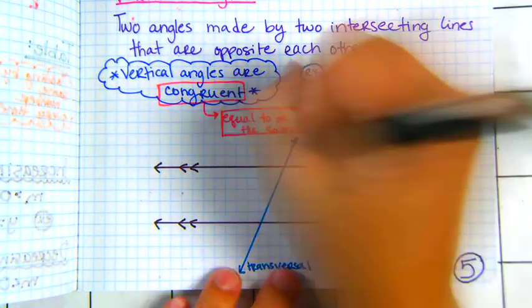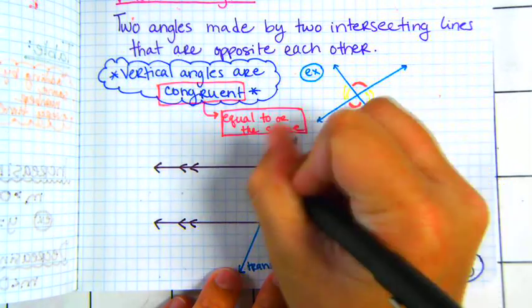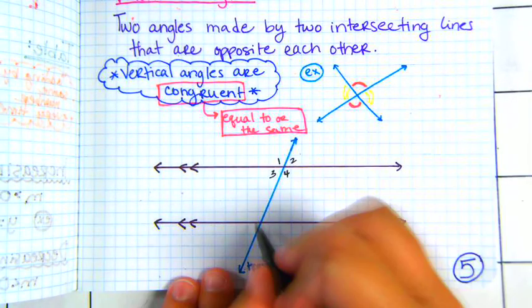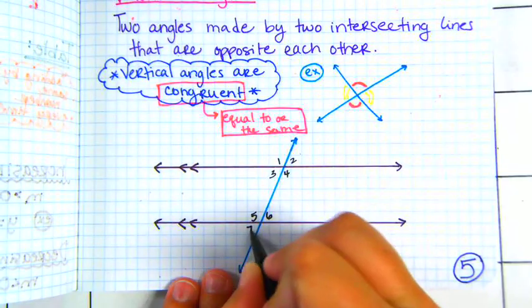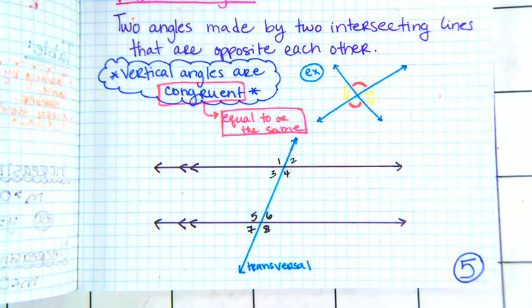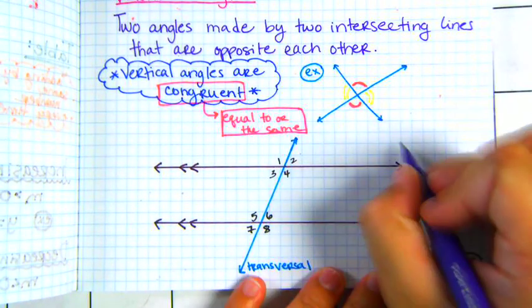I'm going to label this angle 1, 2, 3, and 4, 5, 6, 7, and 8. That's just going to give us a way of talking about those angles so it doesn't get too confusing about what I'm talking about. So there are three properties that we're really going to be talking about. The first is going to be corresponding angles.